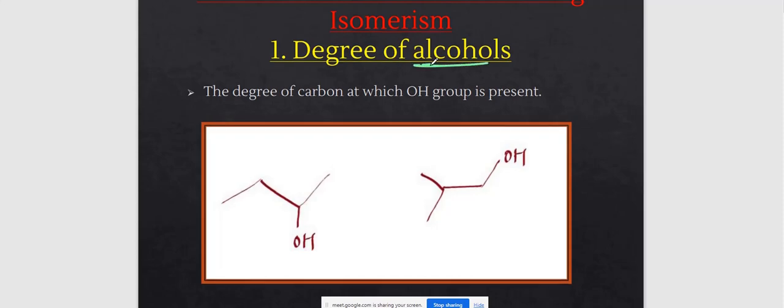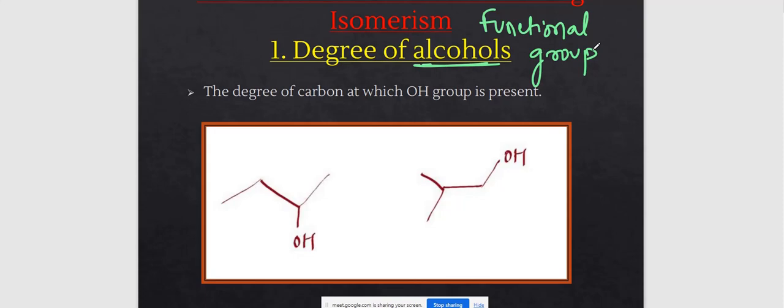Now when we talk of alcohol, it is also a functional group. It decides the function of the molecule. That is why it is called a functional group. It's a group of atoms which decides the function of that compound. What is the formula of alcohol functional group? Do you have any idea?